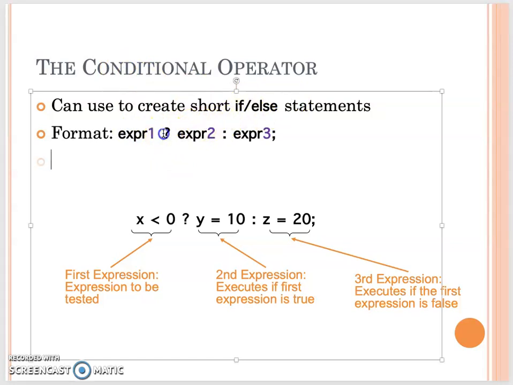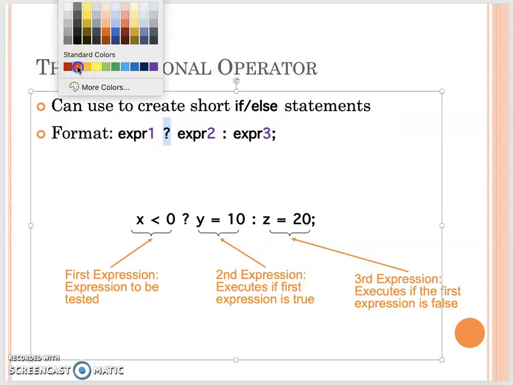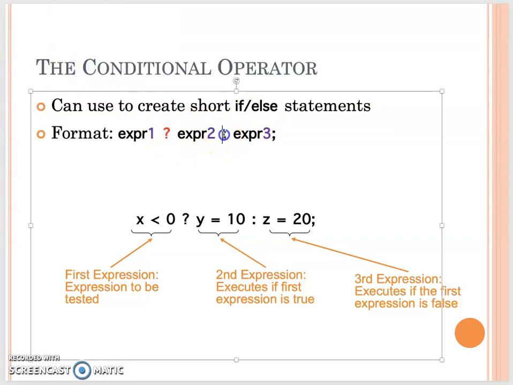You will see here they have two operators combined together: the question mark and the colon. Before the question mark, you have the first expression. Between the question mark and the colon, you have the second one. After the colon, you have the third one. That's what we call the conditional operator.